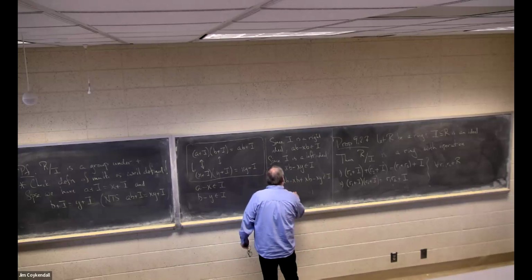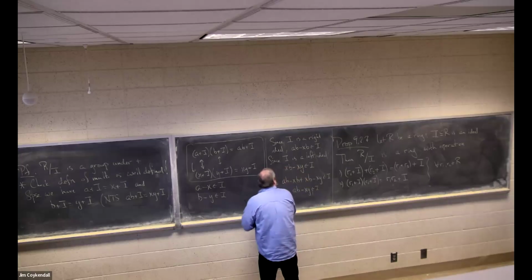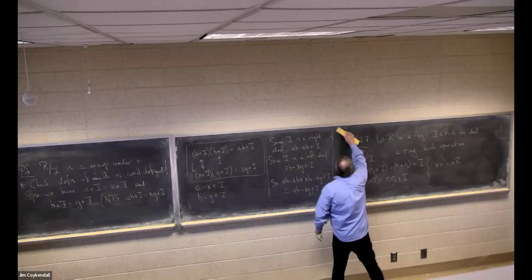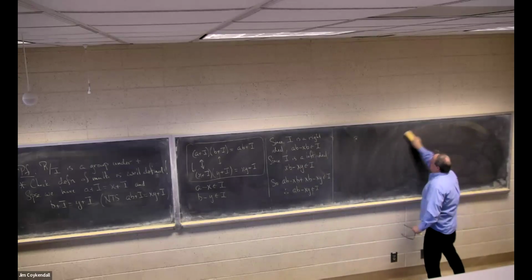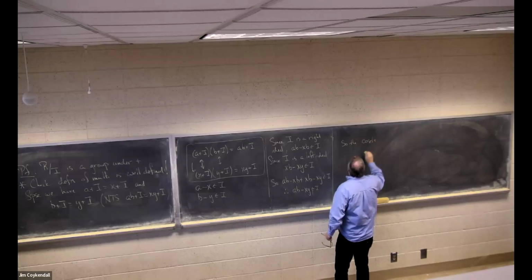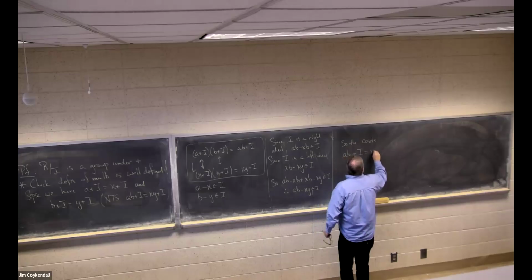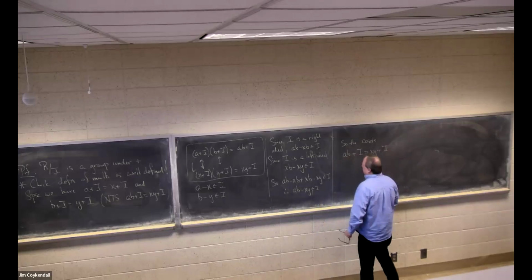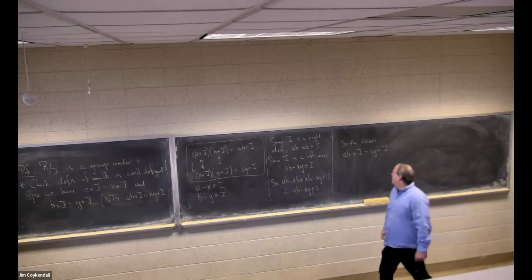Therefore, AB minus XY is in I. And that's all we need, really, because what that means is, since AB minus XY is in I, then the cosets AB plus I and XY plus I are the same.